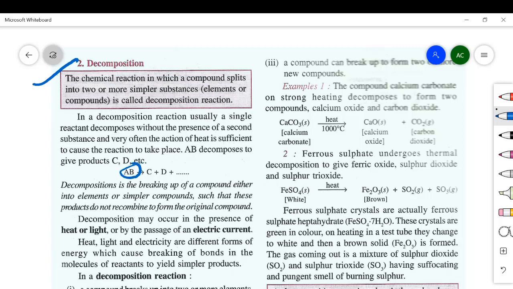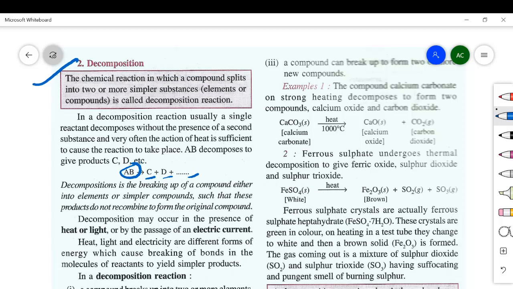Here there is a compound known as AB and then it is breaking down into products known as CD, and it may be more also, CDE, etc. So decomposition is the breaking up of a compound either into elements or simpler compounds.